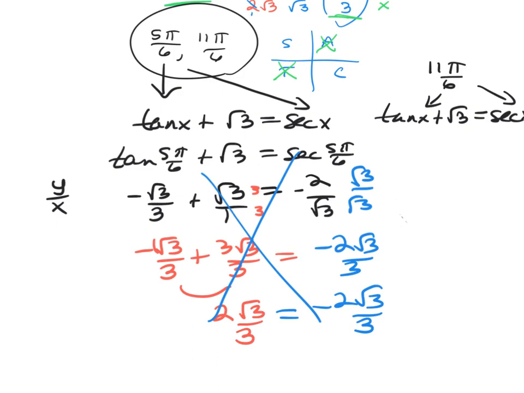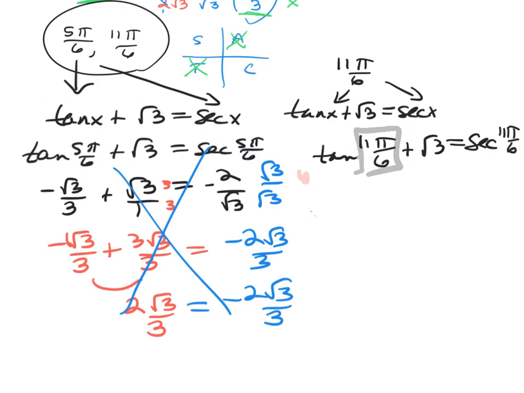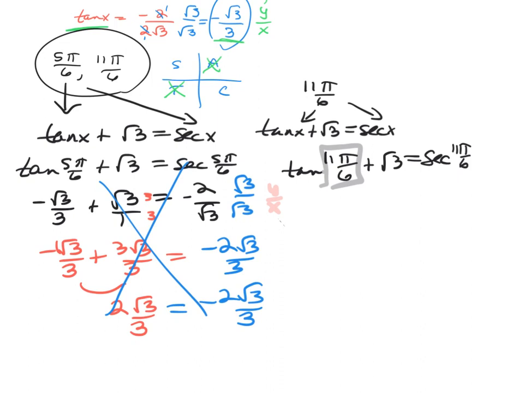Let's try the 11 pi over 6. So plug it in, tangent 11 pi over 6 plus root 3 equals secant 11 pi over 6. So I'm going to go figure out what the ordered pairs are for the 11 pi over 6. I'm going to divide y by x. So once I divide y by x for that angle of 11 pi over 6, I get negative root 3 over 3. And then here, secant, when it's in this quadrant, it's going to be positive.